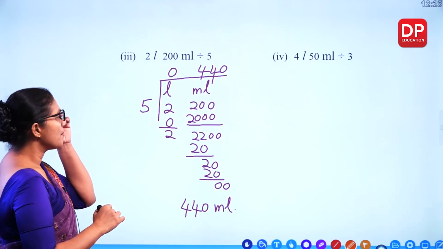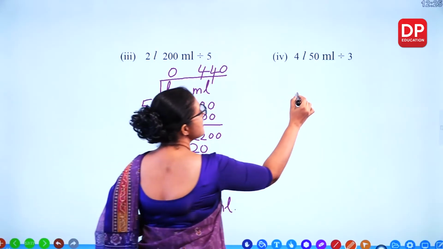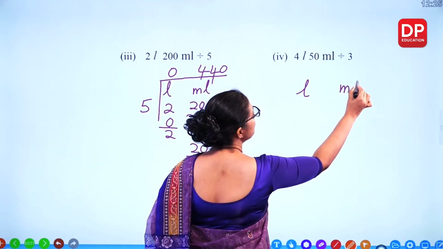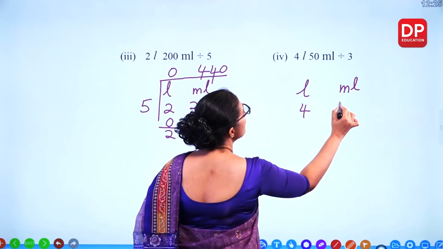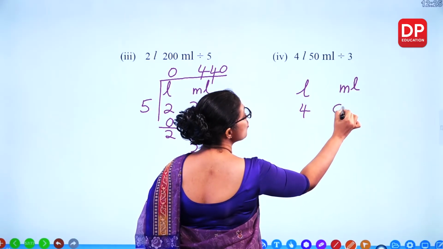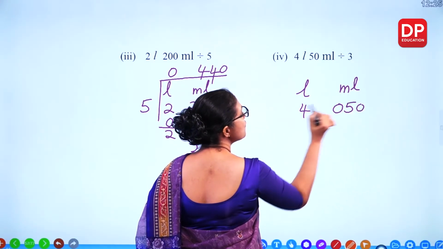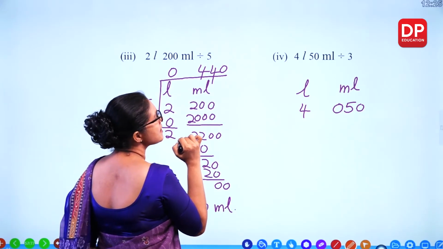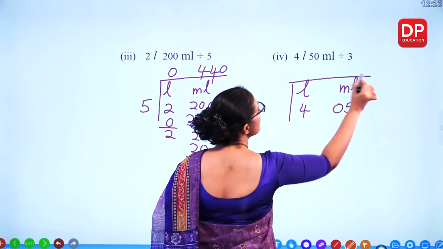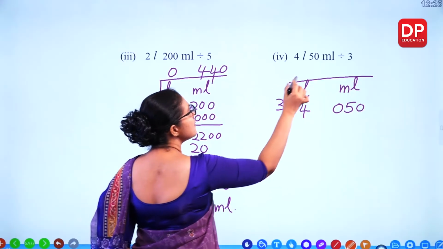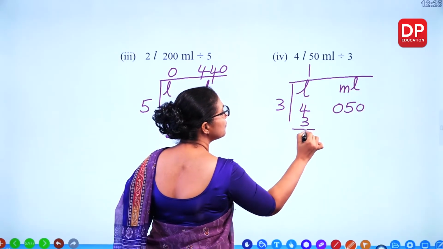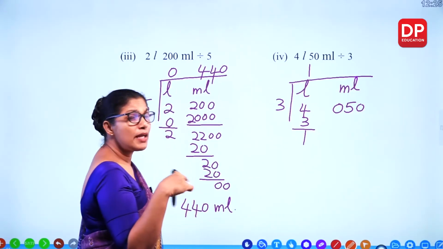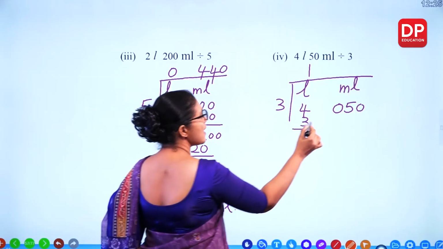Now look at this one. Liters and milliliters again. 4 liters and 50 here. So make sure that you put a 0 there. 50 milliliters. Divide by 3. 3 times 1. 1 remaining. 1 remaining means you are taking 1000 to the other side.